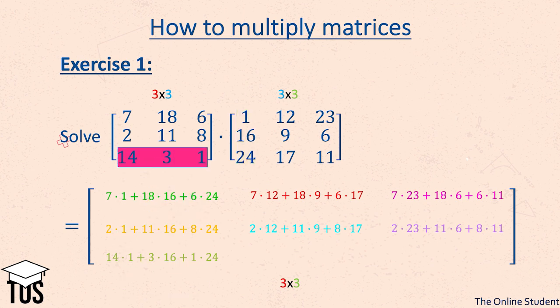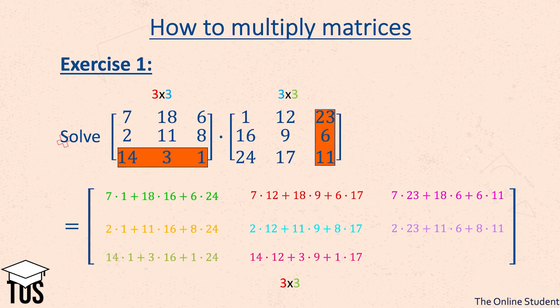The last row with the second column gives us 14 multiplied by 12 plus 3 multiplied by 9 plus 1 multiplied by 17. And this will go in the third row and second column of the resulting matrix. And then we have one last combination left, which is the combination of this third row with the third column.